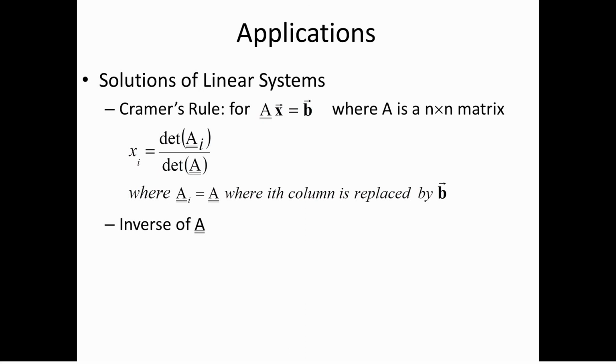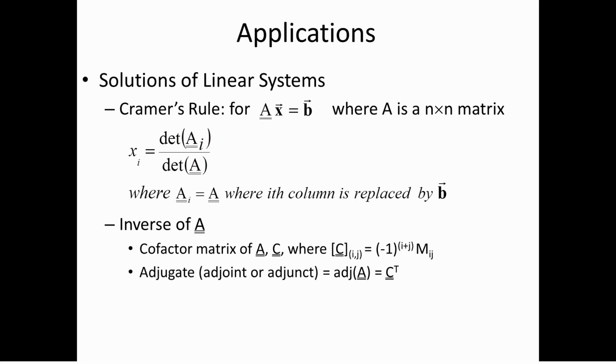And of course, we were able to get the inverse of A again using determinants, okay, because we first formed a cofactor matrix, which was basically the minors associated with each element that were signed appropriately. And then we defined this thing called, it has a bunch of different names, the adjugate, the adjoint, the adjunct.